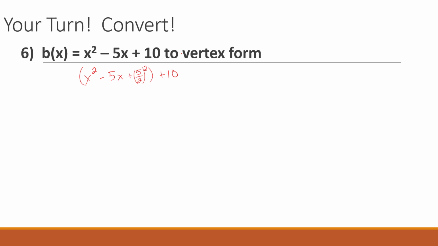Now, you're welcome to square it out. You can say 25/4. That's not going to hurt my feelings. So we've added 25/4 to the left side of the equation. In order to make sure that we keep this equation balanced, hopefully you remember to subtract 25/4, and we're going to do that here.